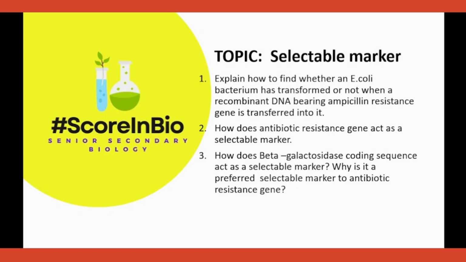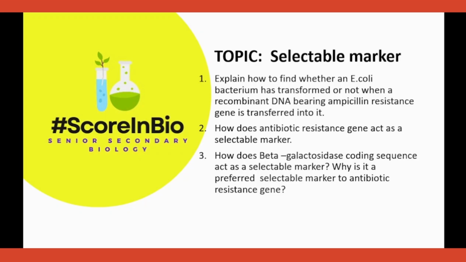Selectable marker questions. Explain how to find whether an E. coli bacterium has transformed or not using a selectable marker. Answer. Okay. So what can we use as a selectable marker? In this case, the question is that recombinant DNA bearing an ampicillin resistant gene is transferred into a host.